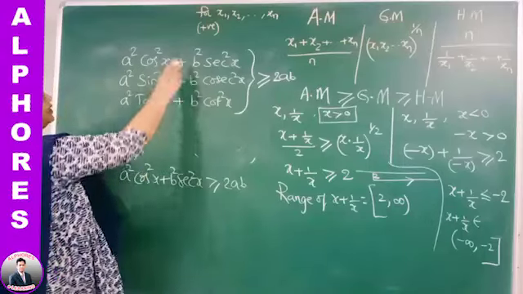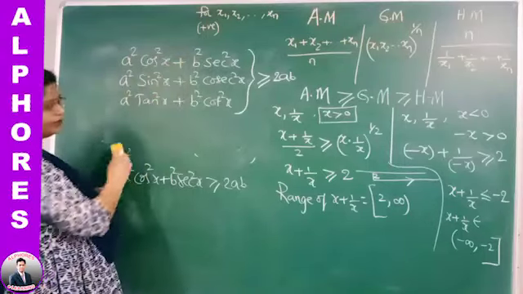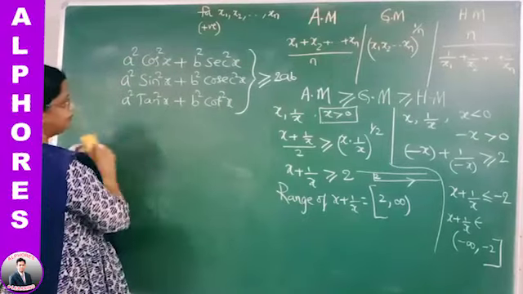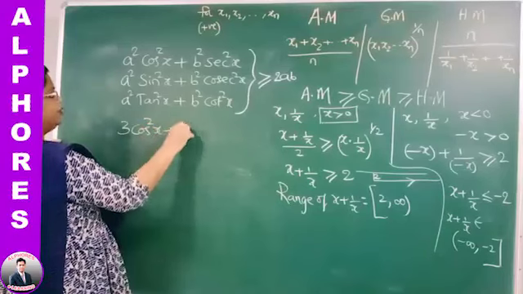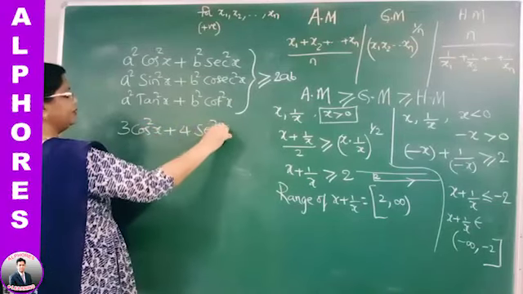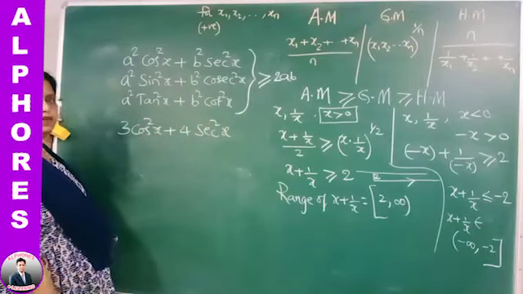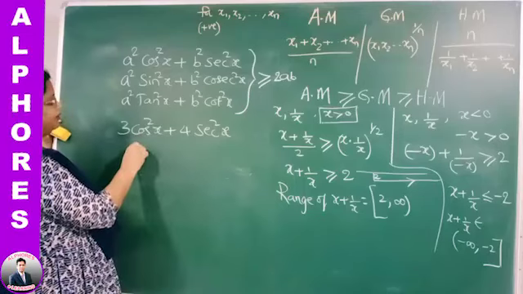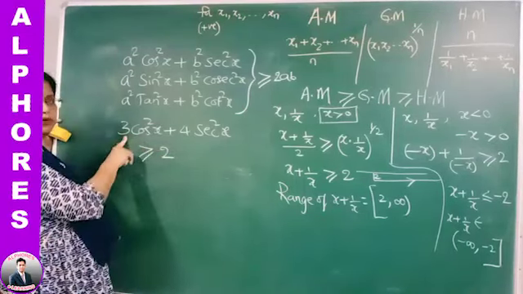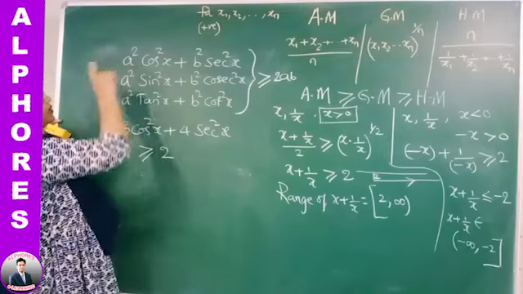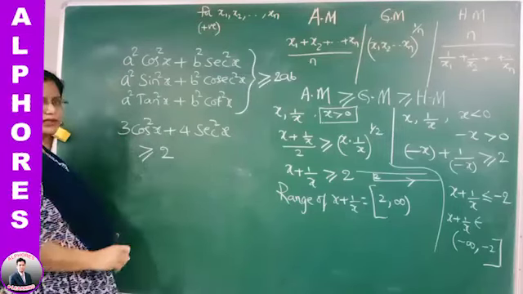The restriction is that all are in terms of squares. Suppose I take an example, 3 cos square x plus 4 secant square x, okay? Then what about the least value? It is greater than or equal to 2. It is not of the form a square, that means a is root 3.